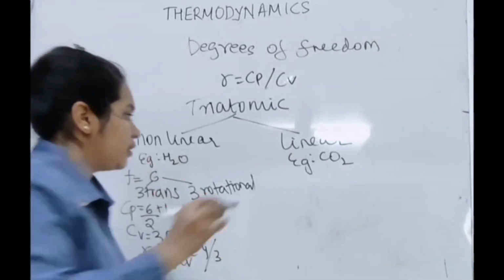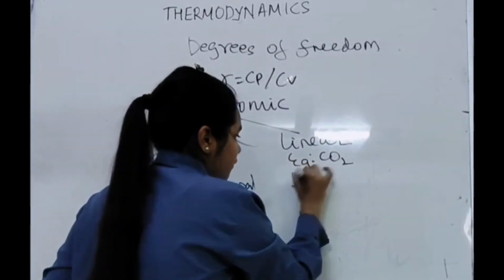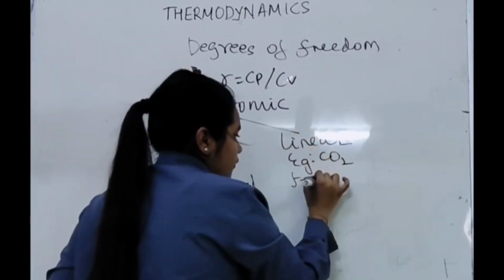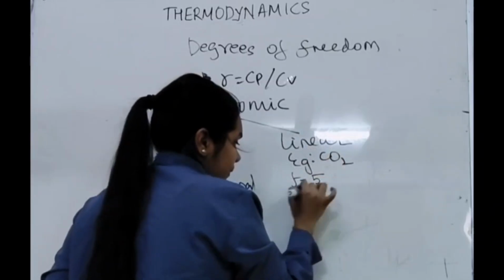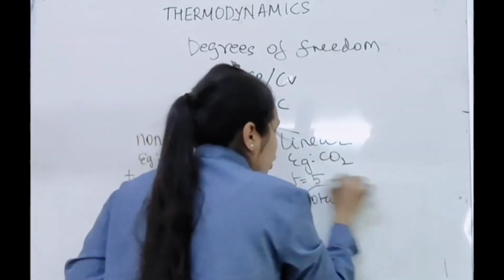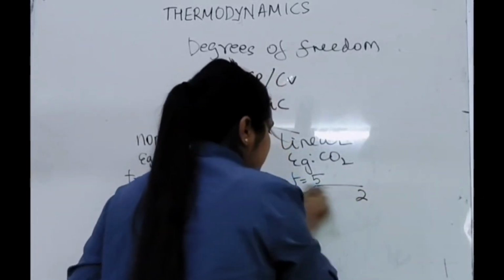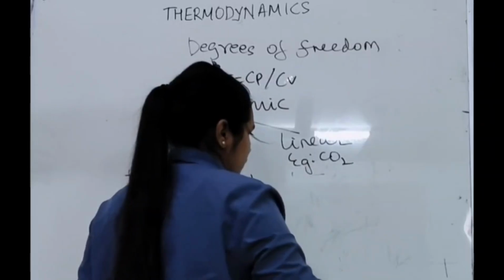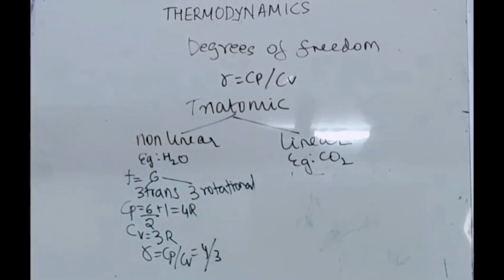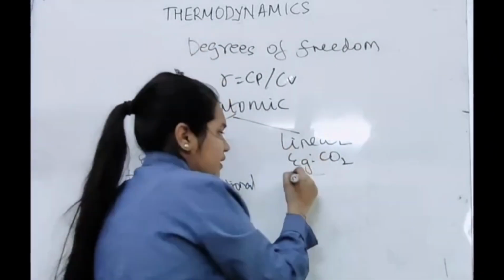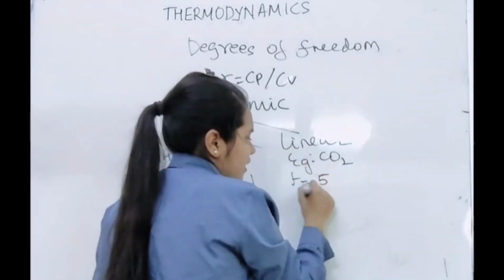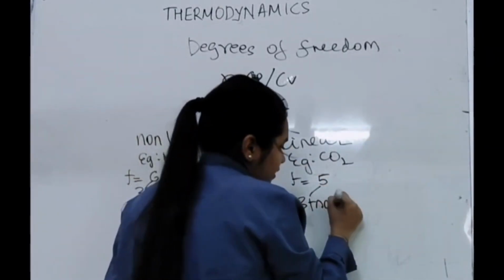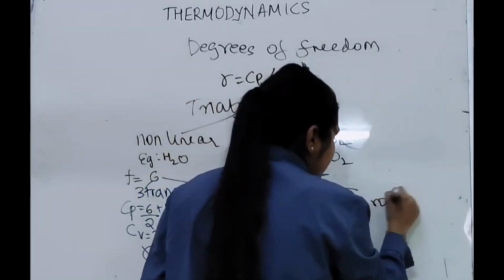For linear, the degrees of freedom is 5: 3 translational and 2 rotational.